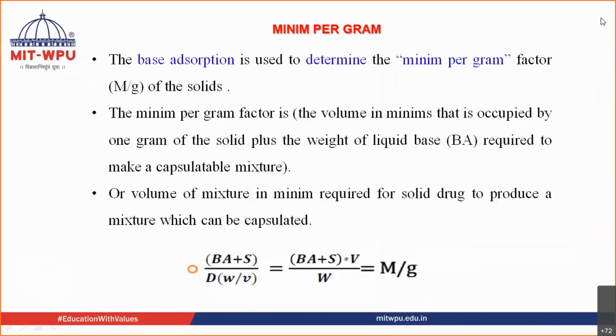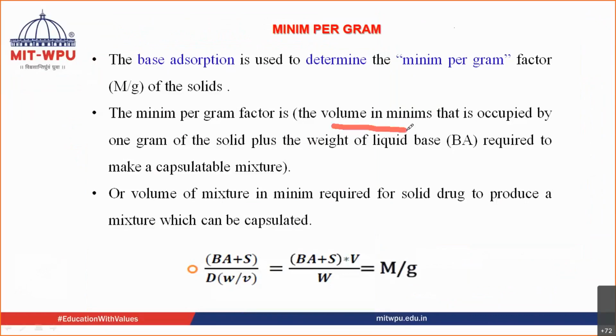Moving further now to minimum gram factor. As I told you, minimum gram factor is calculated once you know the base adsorption. So the base adsorption is used to determine the minimum gram factor, which is given by the unit minims per gram of the solid. Now, what is minimum gram factor?